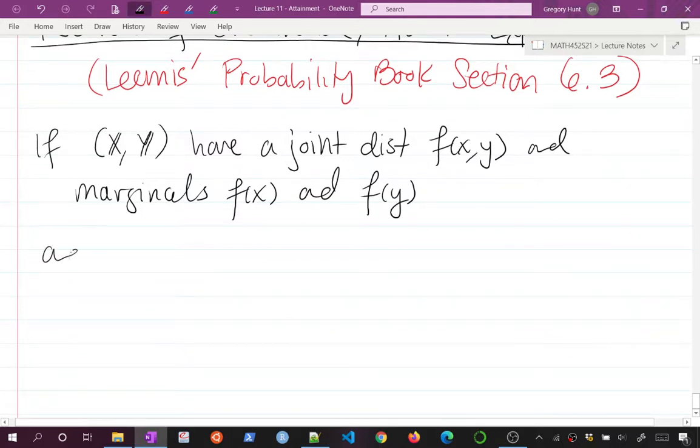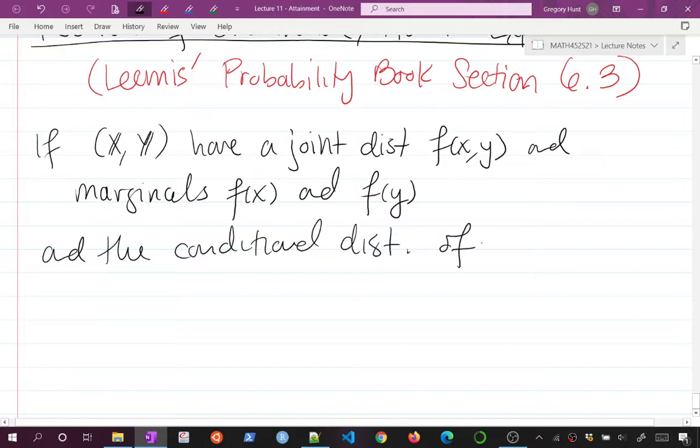And the conditional distribution of X given Y equal to some little value y: Y is not random now, it's fixed at some value little y.